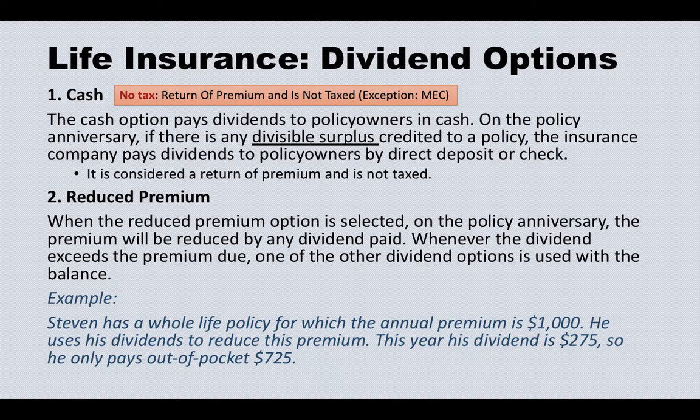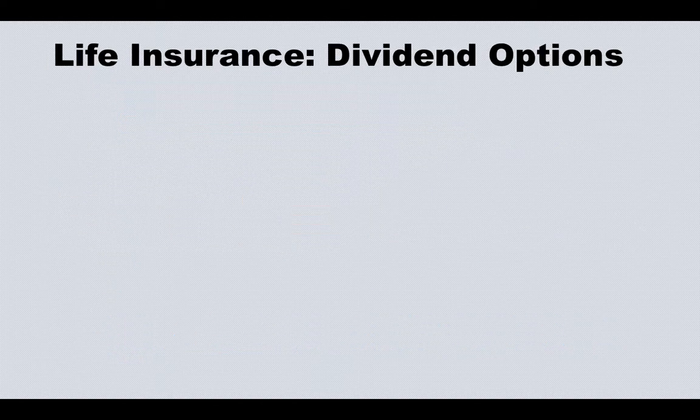That's a different situation. For the reduced premium, this is similar to the cash dividend. There's no tax due. However, if your life insurance is a MAC and you use reduced premium, you will still be taxed on the dividend. So just be careful, because a MAC is a different situation.